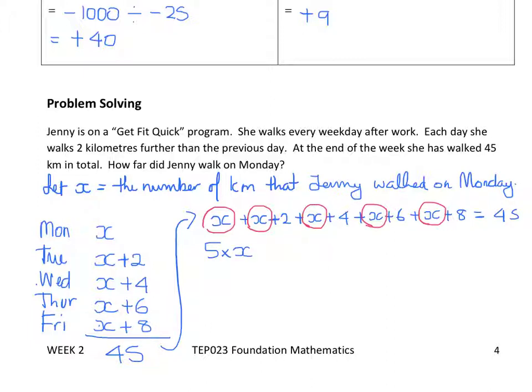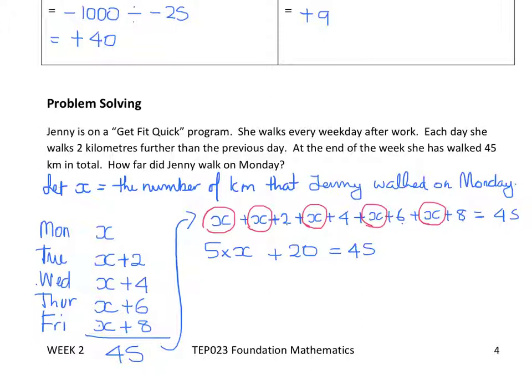And then if we add up all the numbers, 2 and 4 and 6 and 8, that's 20. And we know that equals 45. So now we have 5 times x plus 20 equals 45.